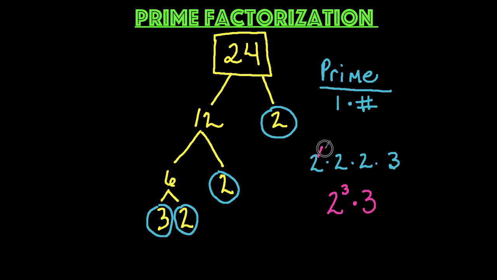Because 2 times 2 is 4, times 2 is 8, and 8 times 3 equals 24. Depending on what your teacher asks, this would be your final answer.